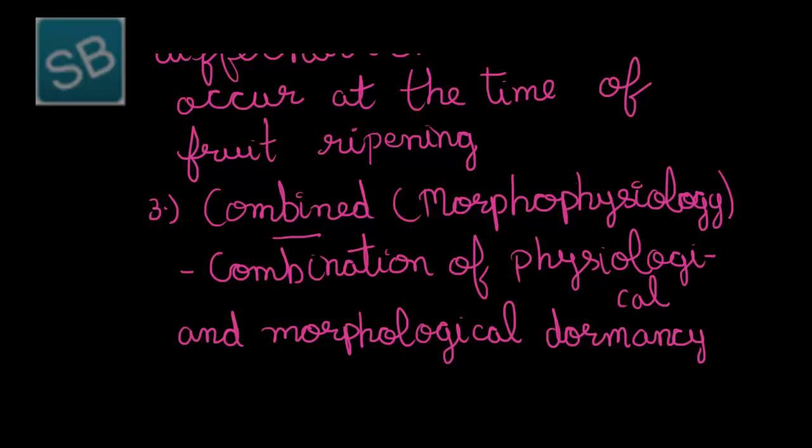This was all about the endogenous dormancy. Then comes the third type of dormancy, that is combinational dormancy. Definitely the name suggests that it is formed by the combination of two types.